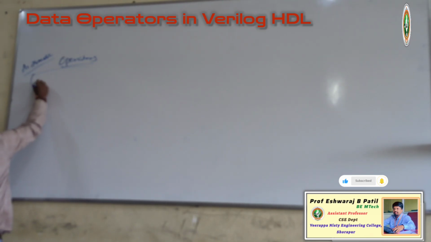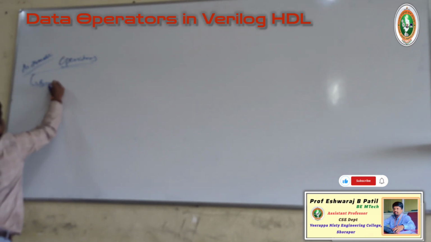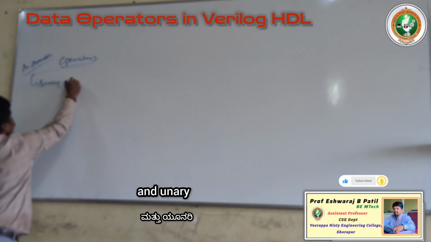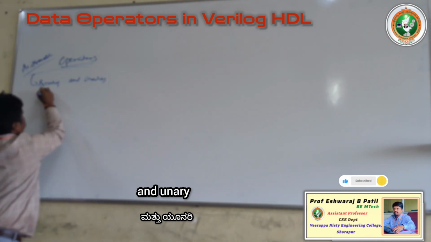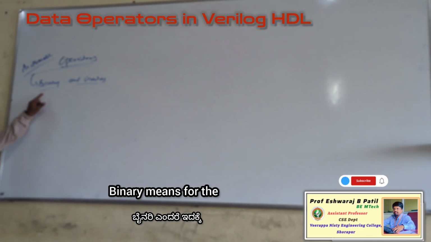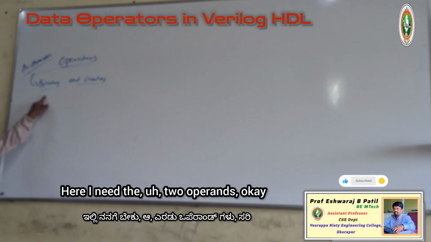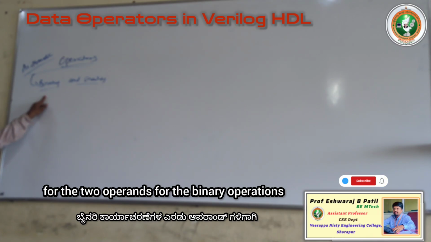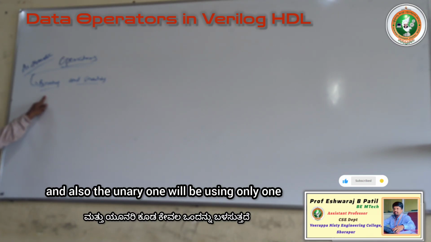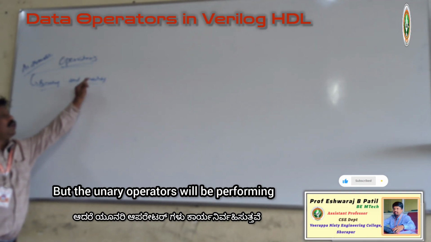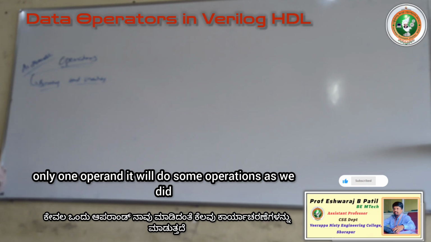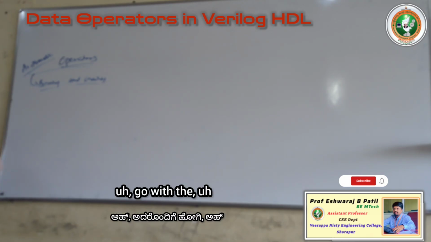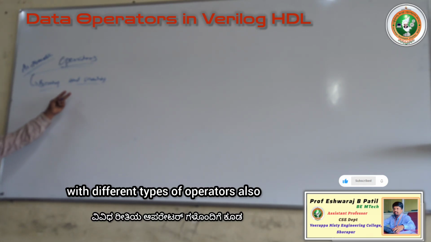Binary operators need two operands. Unary operators perform the operation on only one operand, and we go with different types of operations also.